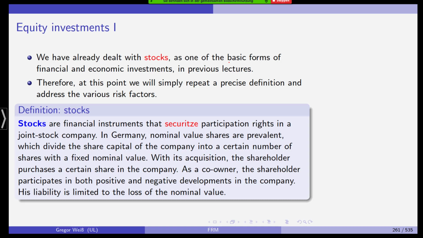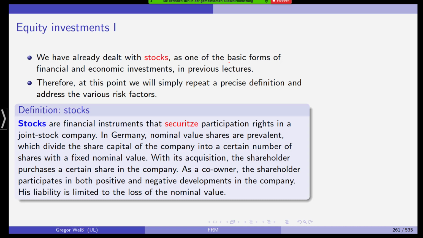Stocks are financial instruments that securitize participation rights in a joint stock company. You're a stock investor, which means that you own a part of the equity of the company, and your property right in that company is securitized in the form of a stock, of a share. Now, in Germany, we have nominal value shares, which are prevalent.